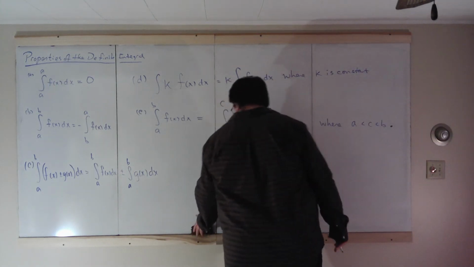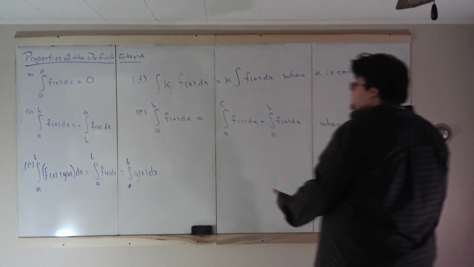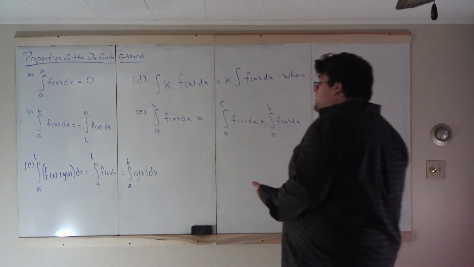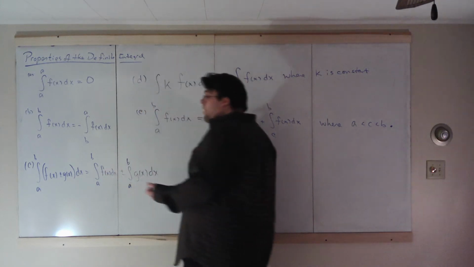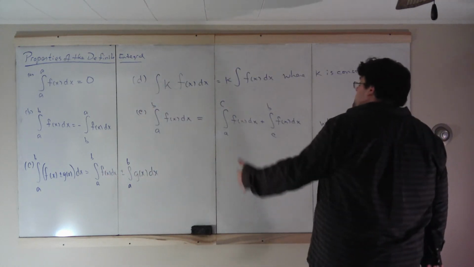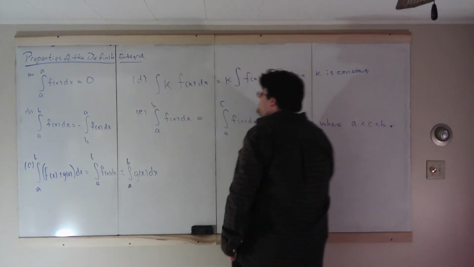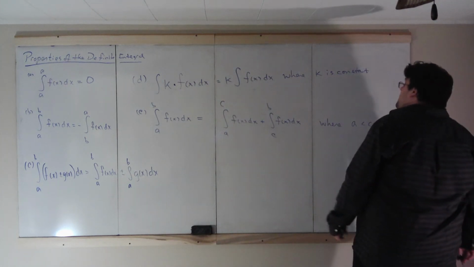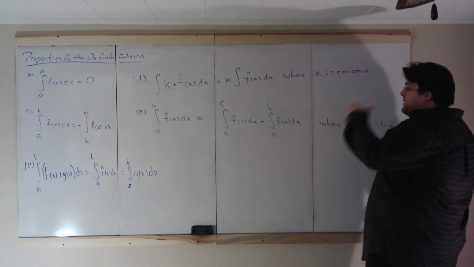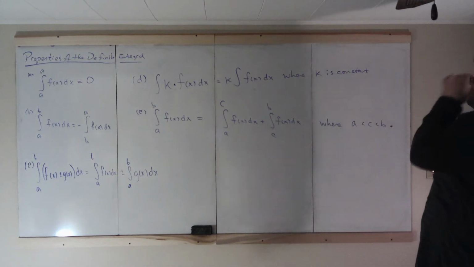These two follow for the same reason. The integral of a sum or a difference is the sum or difference of the definite integrals. And if there's a constant times your function, you can pull that constant out of the integral and compute the integral just from the limit properties.